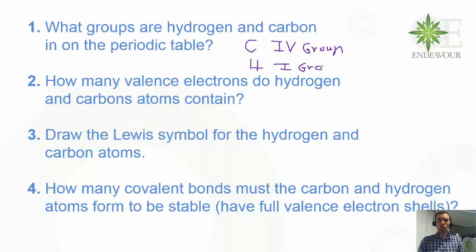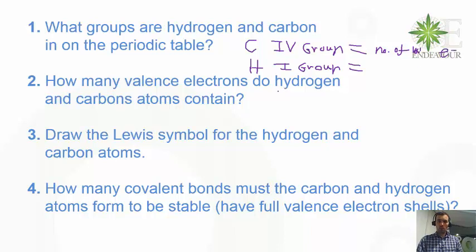Remember, this is going to be important because we can actually work out how many valence electrons each of these atoms has by using these group numbers. So how many valence electrons do hydrogen and carbon atoms contain? Based on the group numbers that we just found, we can work this out, because remember, the group number equals the number of valence electrons.